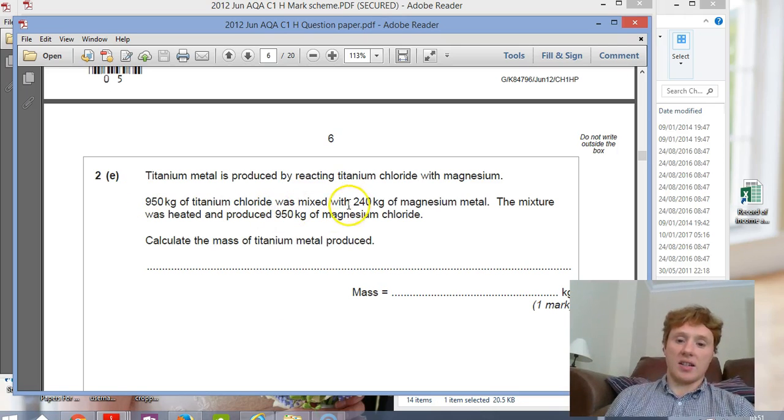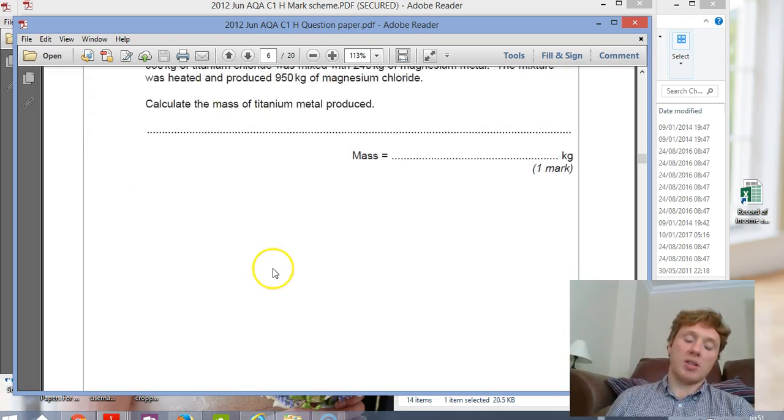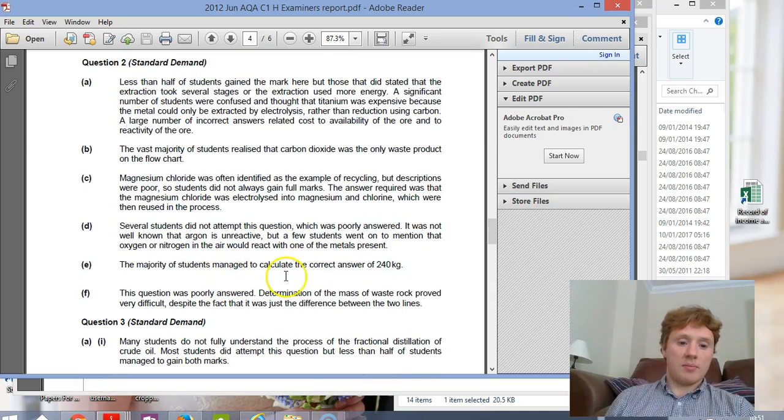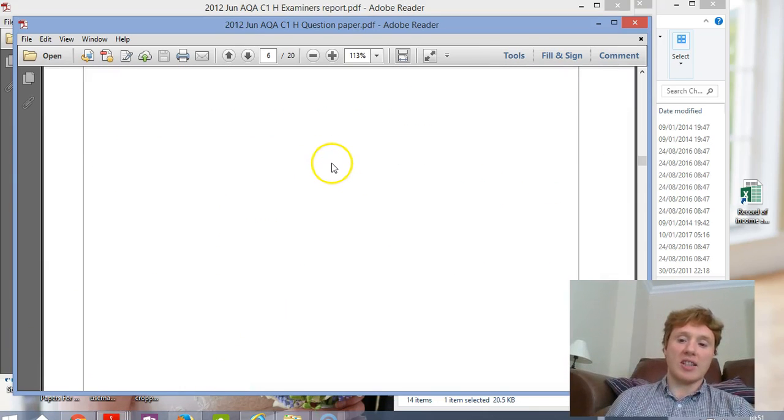So the reactants weigh 950 plus 240, which is 1190. You get 950 magnesium chloride, so you must have 240 magnesium. Or you don't even need to add these up, because those 950s cancel out, so the rest must be 240. Majority. Question D was poorly answered, so you need to remember your noble gases are unreactive.